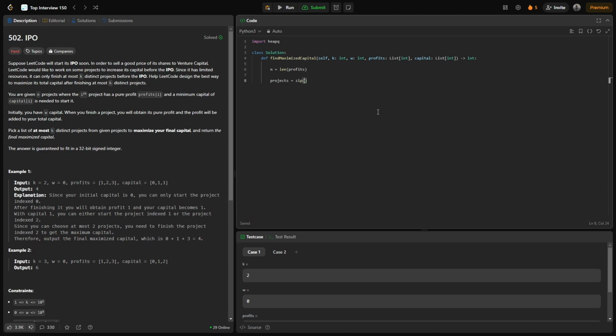So zip capital and profits, and I can then sort those values so the smaller one is always coming on the top. So projects equal to sorted projects.